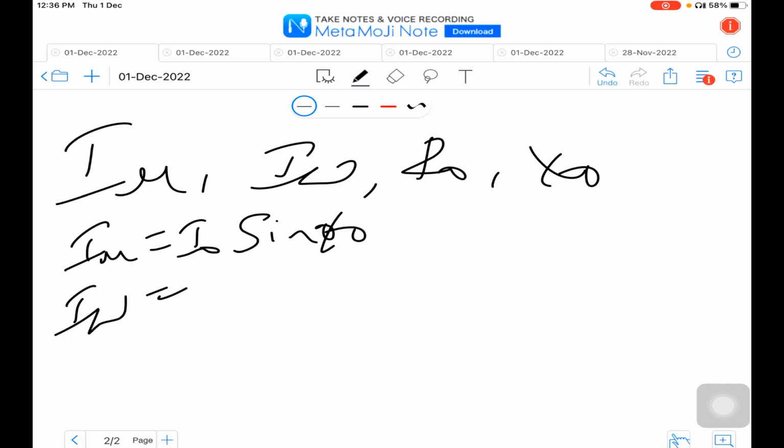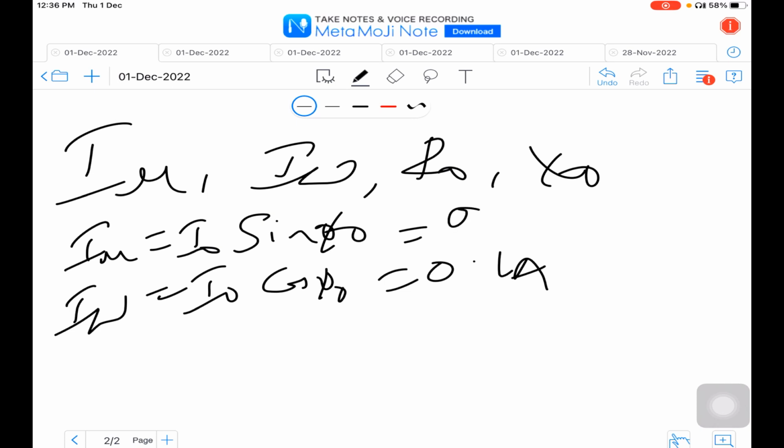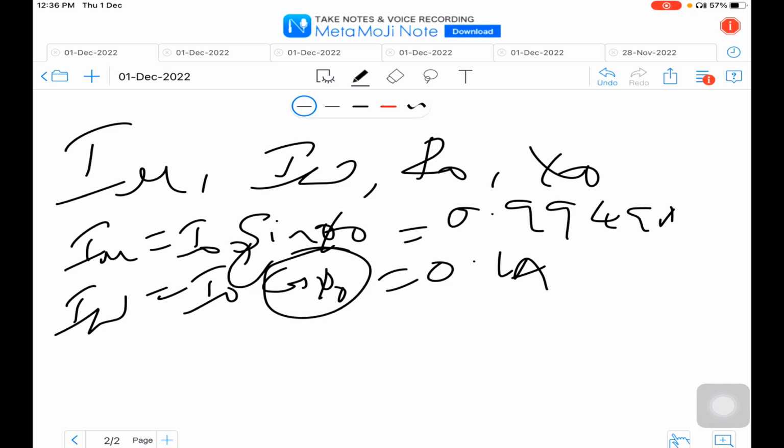Similarly, IW is equal to I0 cos phi naught. Now we know the value of I0 and cos phi naught, so you will get IW as 0.1 amp and I mu as 0.9949 amps. Once you have cos phi, you can take the inverse and find out the value of sin phi naught.